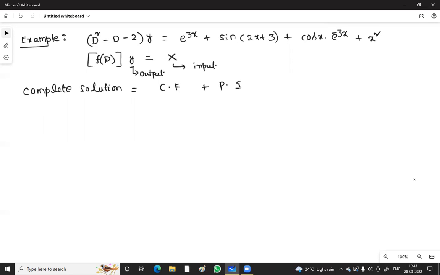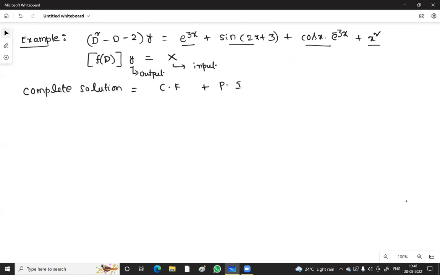Your input capital X may have many terms like x1, x2, x3, x4, because there are four cases in solving particular integral. As it is a linear differential equation and the system is linear, you can combine all inputs together and combine their outputs also. That is the linearity we have studied already. If you understand this problem, it will be very easy to solve all other problems.